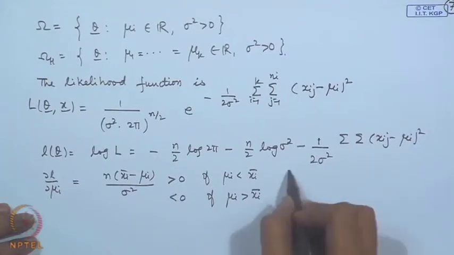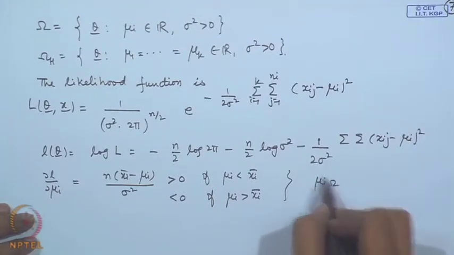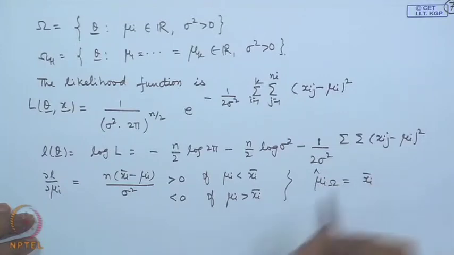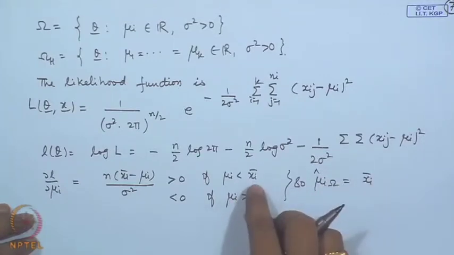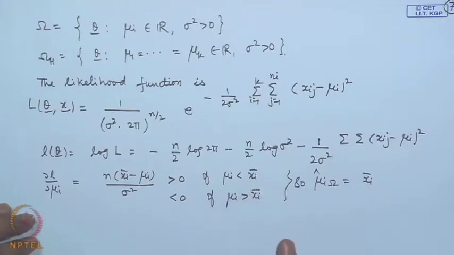So, you get mu i omega hat is equal to x i bar, because the maximum will occur at x i bar.